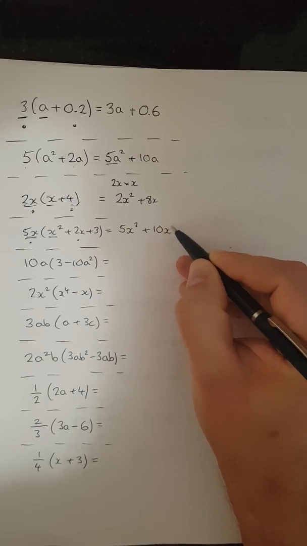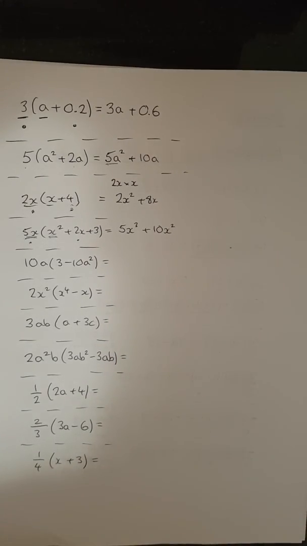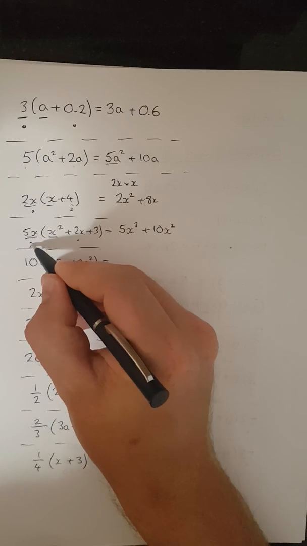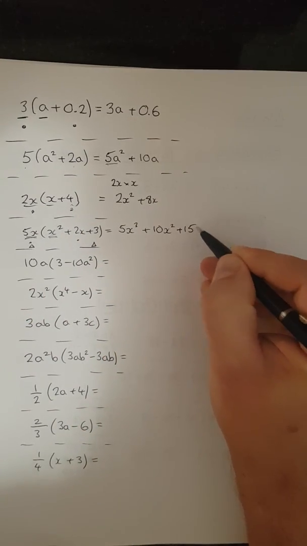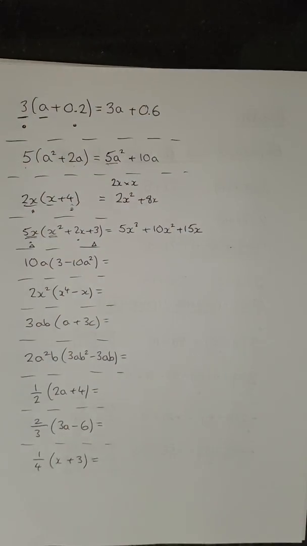X times x is x squared. And then 5x times 3 is 15x.